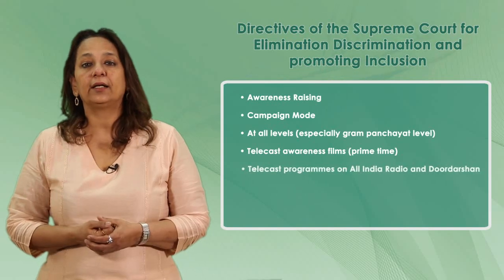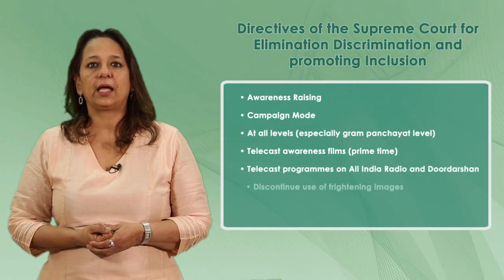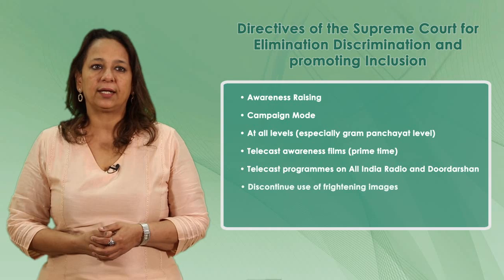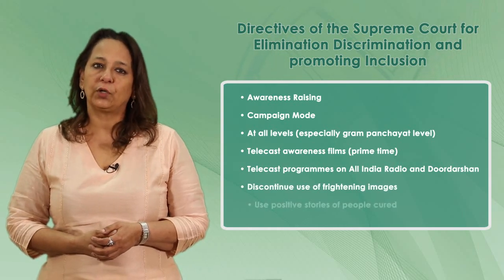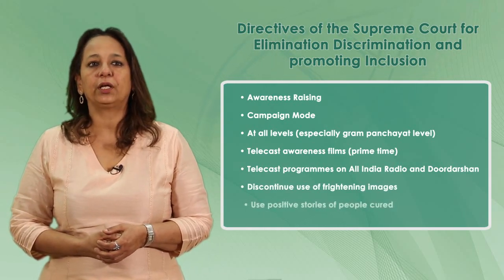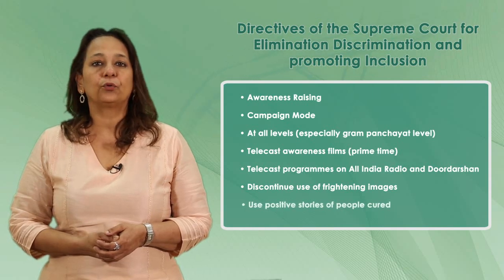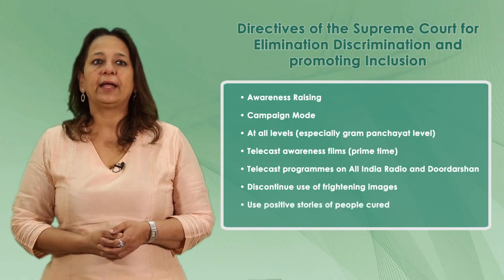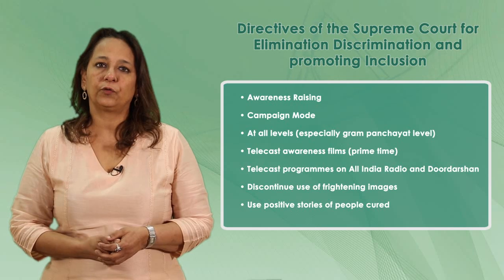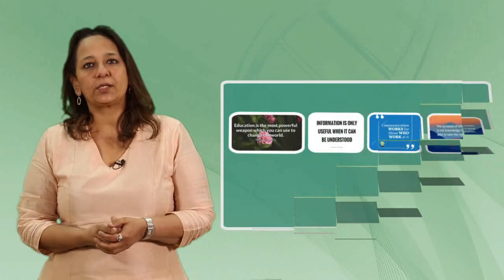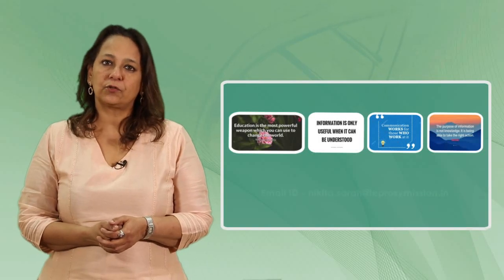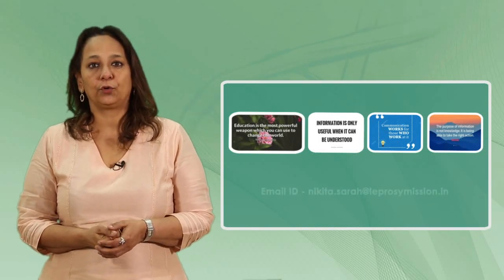They should telecast awareness films, especially at prime time, telecast programs on All India Radio and Doordarshan, discontinue use of frightening images, and use positive stories of people who are cured. And last of all, always make sure that you use positive stories of people who have been cured.